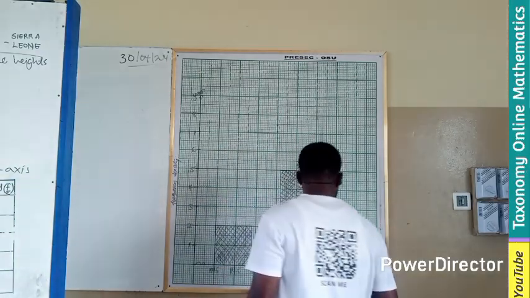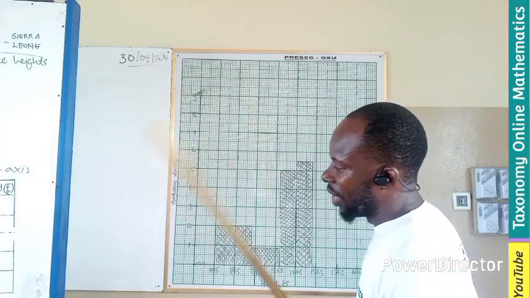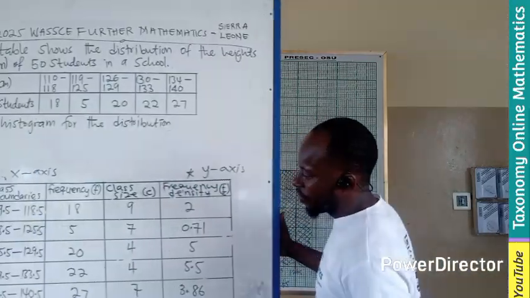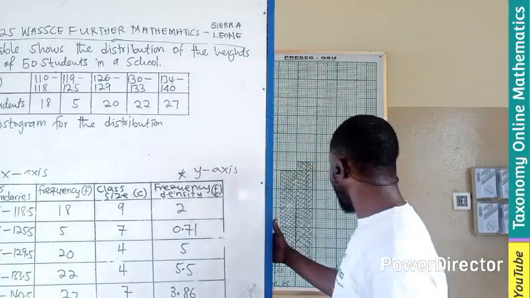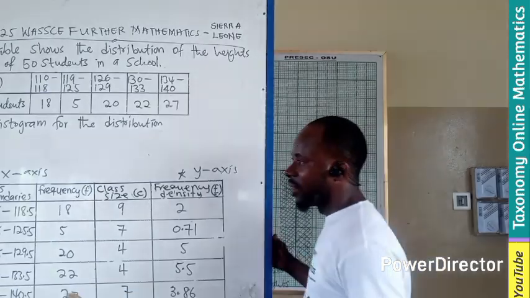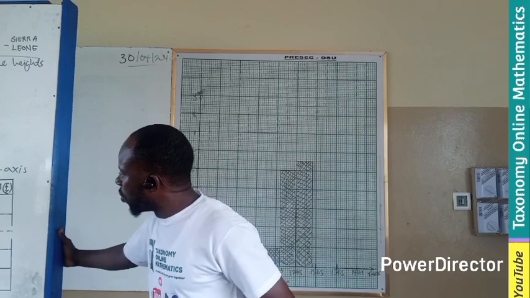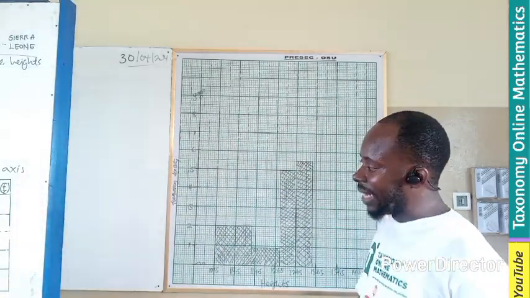Good. So now let's look at the next one, which is going to be 133.5 all the way to 140.5. So we are going to take a class interval of 7. Your frequency density is 3.9.